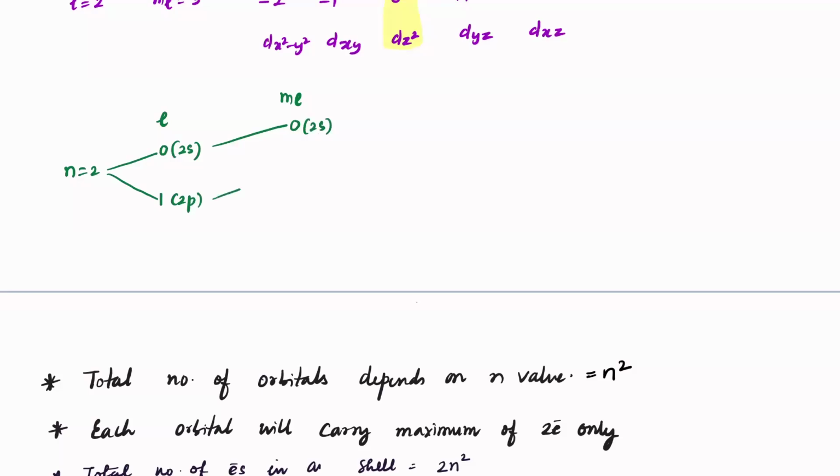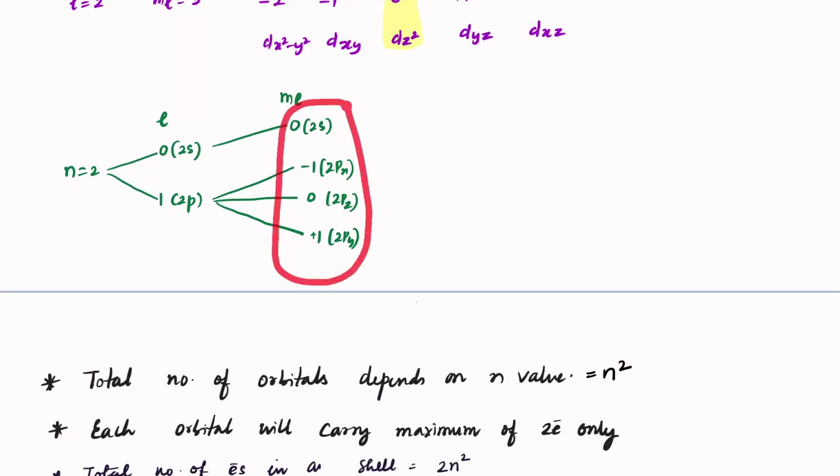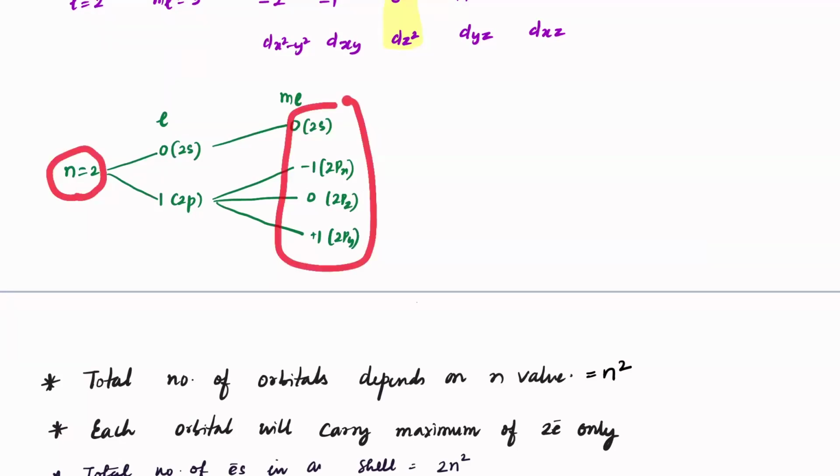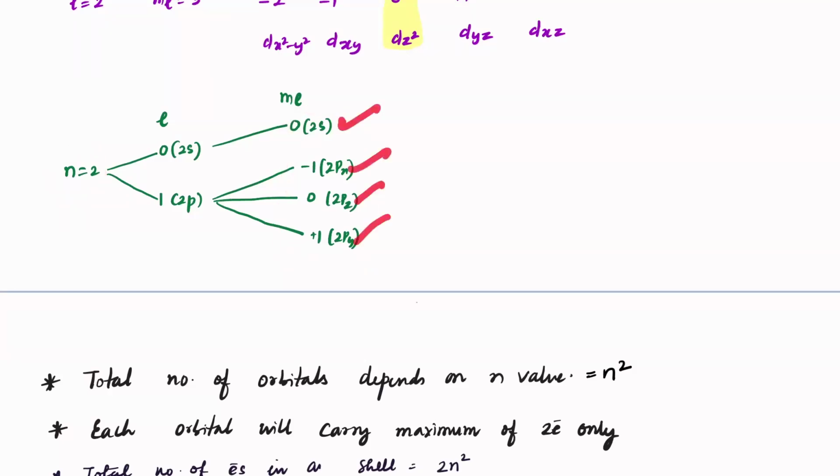For 2p, we will have three values: -1, 0, and +1, which includes 2px, 2pz, and 2py. Please notice something. If n is equal to 2, how many orbitals am I getting? Total orbitals are 4. So for n is equal to 2 it is 4; if n is equal to n, how much will we have? n square. Therefore, the number of orbitals will be n square.